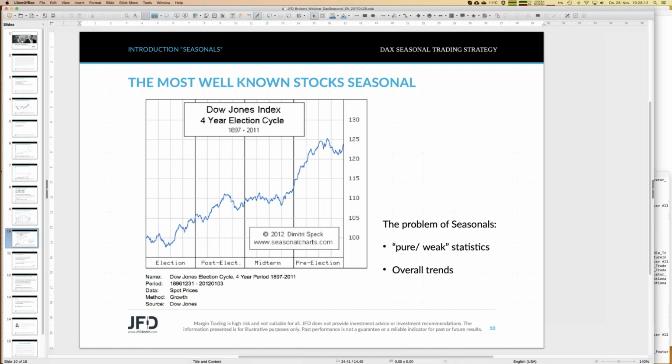And the reason that was where I stopped, because of its pure statistics. Why do I call it pure statistics? So, of course, we have 120 years, but we are looking for something which repeats every 4 years. So we have about 30 points per each month.